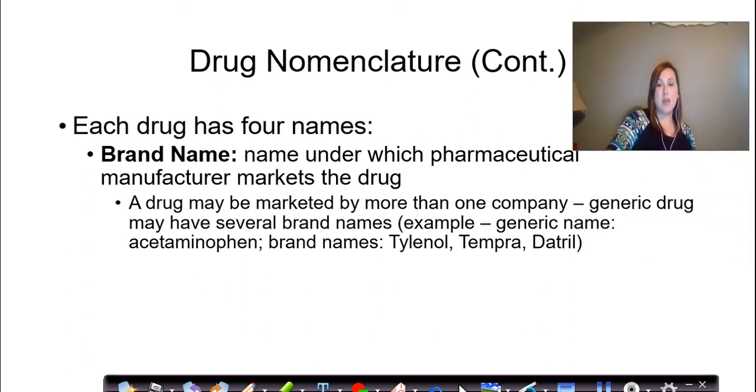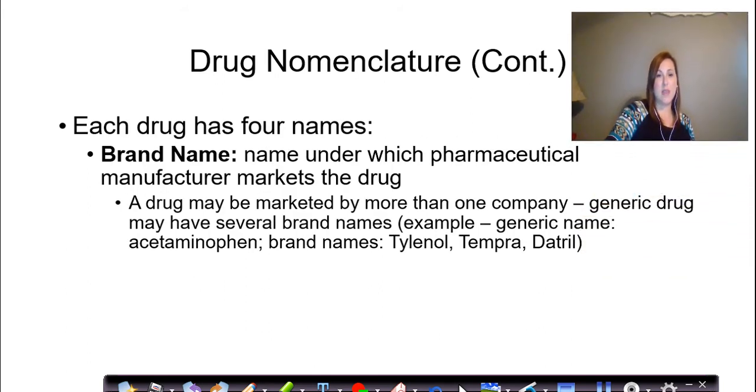The brand name, along with the generic name, is what you'll hear a lot more. Take a look at things that you have at home, like Tylenol or Advil, ibuprofen, and see what you can find on those labels.